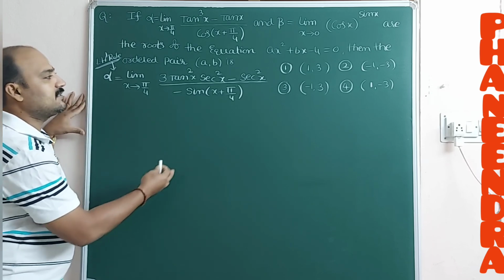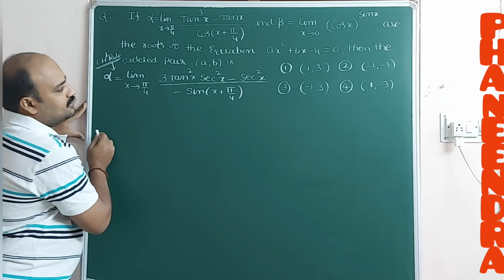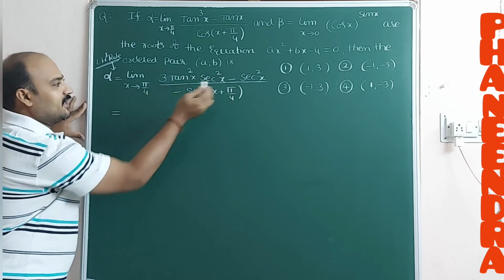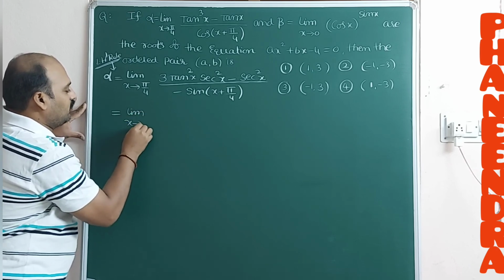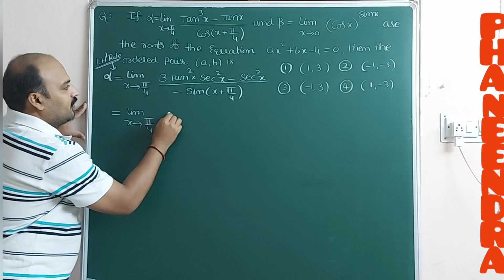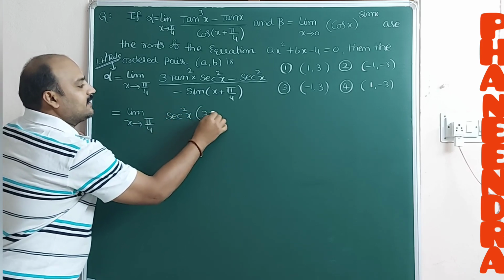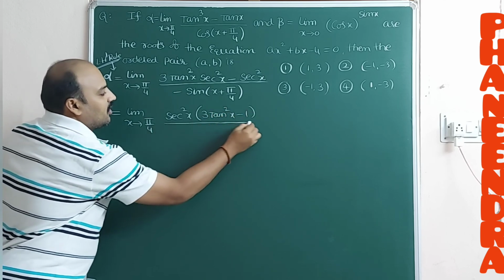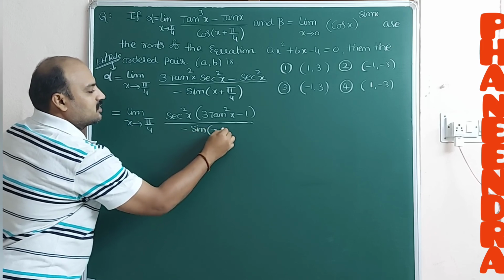Now wherever x is equal to pi by 4, substitute. Before that, take common secant square x: limit x tends to pi by 4 of secant square x into 3 tan square x minus 1 divided by minus sin of x plus pi by 4.